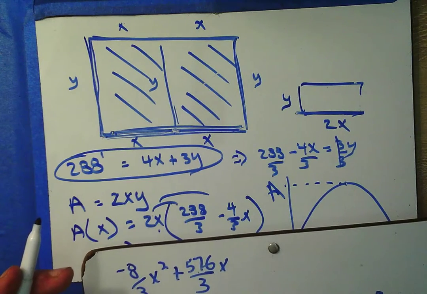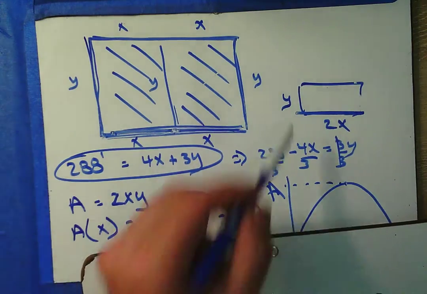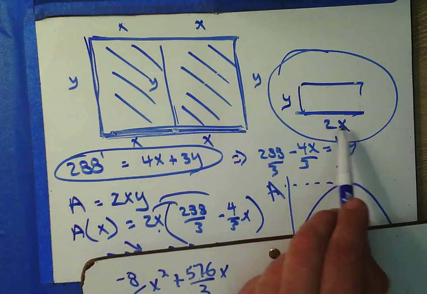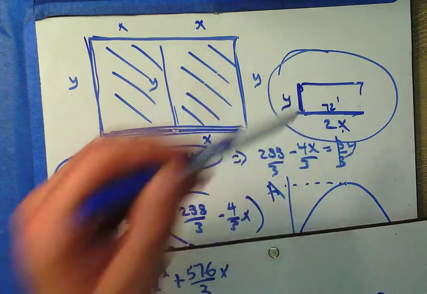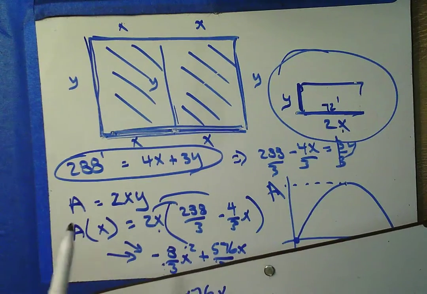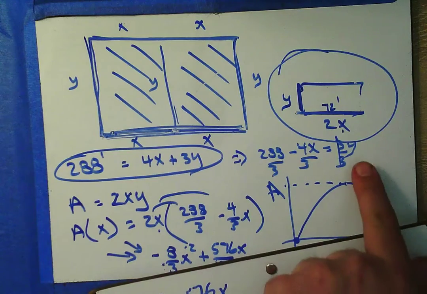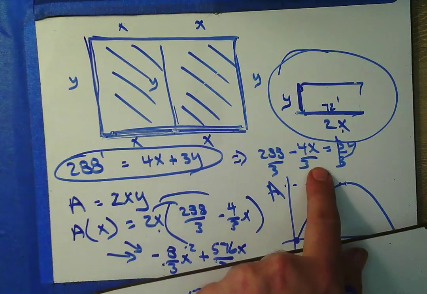But oh, by the way, the homework question says, what are the dimensions of this corral? Well, we know that this is 36 feet, so 2 times 36 is 72, but we still need to find y. How can we do that? Well, remember we had this helping equation that said y was equal to 288 over 3 minus 4/3 x.